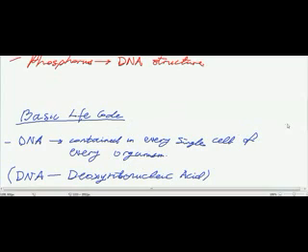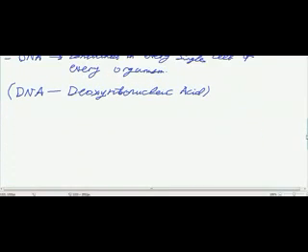And it consists of 4 main base pairs. So, 4 base pairs.